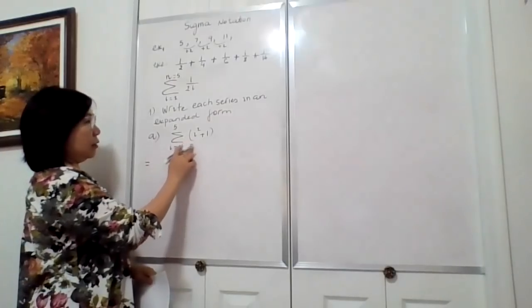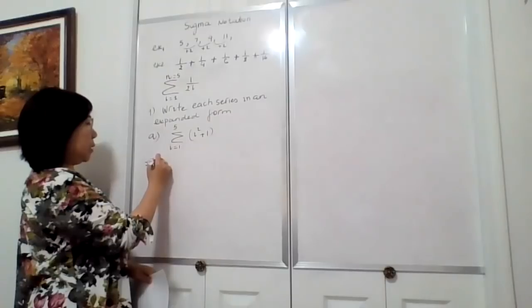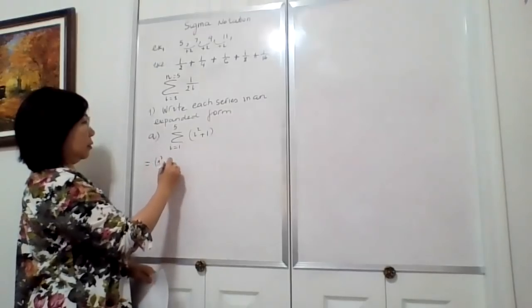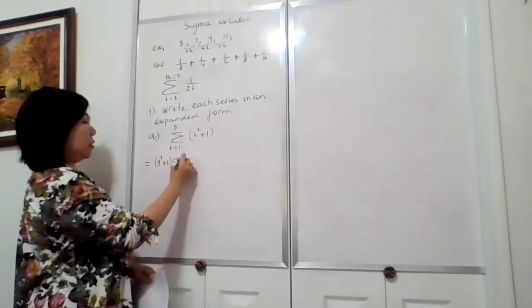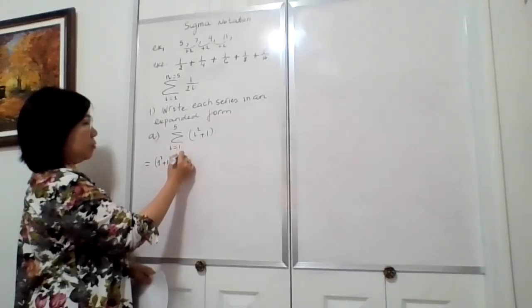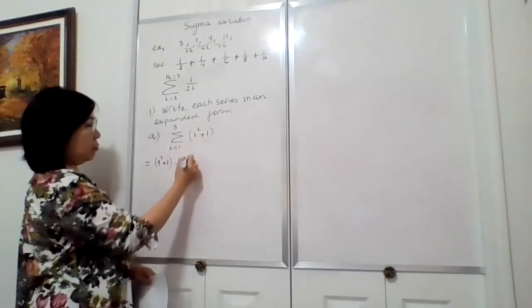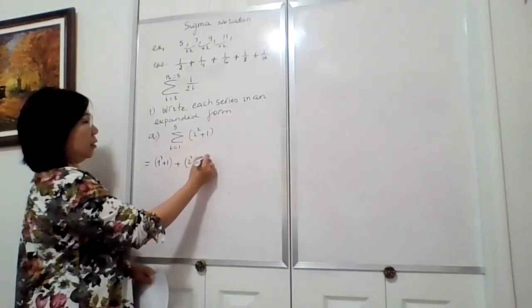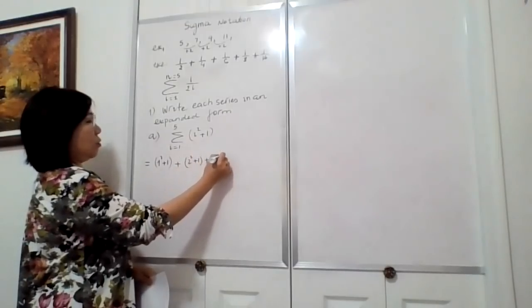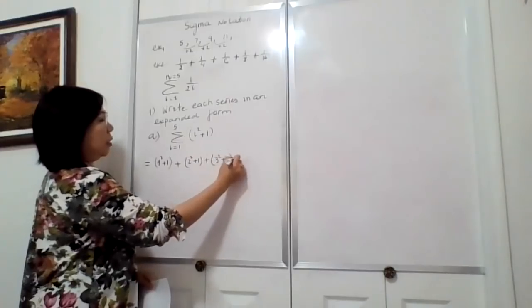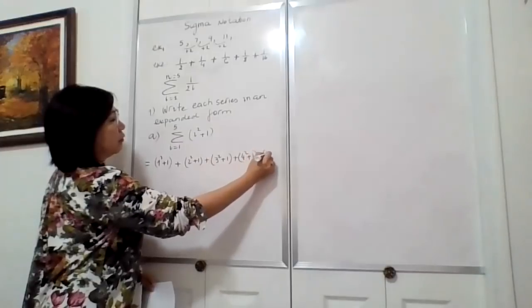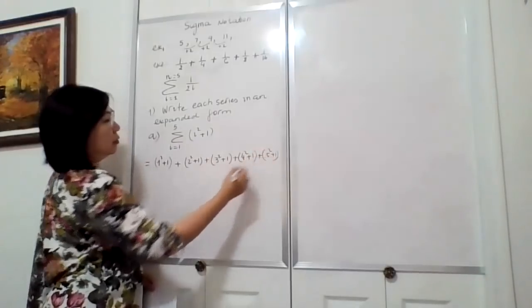So i equals 1, our first term will be 1 squared plus 1. Now we're going to add this with the second, we start from 1. Now the i here will be replaced by 2 squared plus 1, plus 3 squared plus 1, plus 4 squared plus 1, plus 5 squared plus 1.